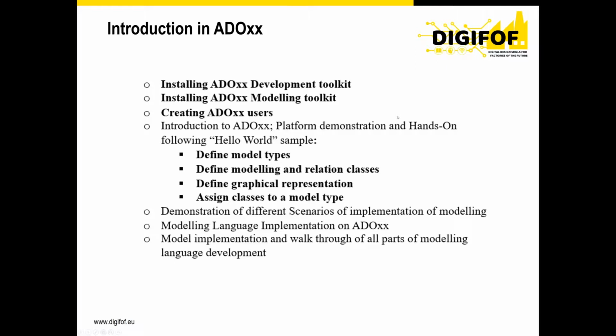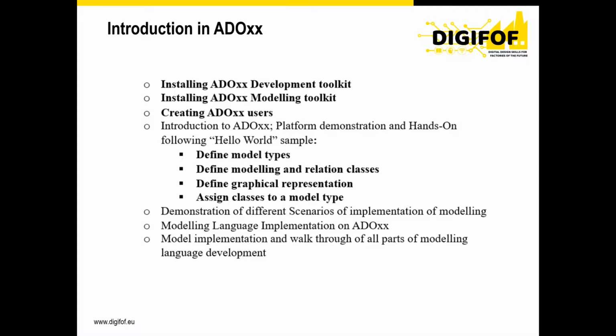Okay, after this, maybe it's okay to discuss a little bit about some first things: how we define a model type, how we define a modeling relation class, and after that the representation, the graphical representation, and how to assign it to a model type.